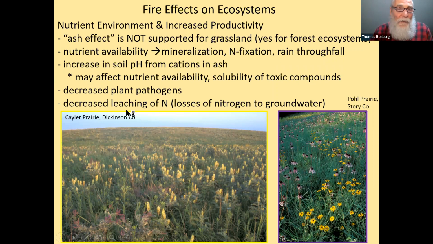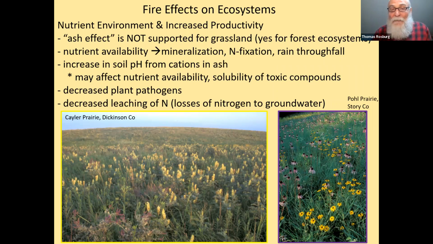And this is an important one here. Fire, again, shows that there is more efficiency in nutrient cycling. Because of the increased growth that the fire has basically spurred on, again, as I said, up to twice the amount of growth, production of biomass is what I'm talking about, there is a lot more nitrogen uptake.